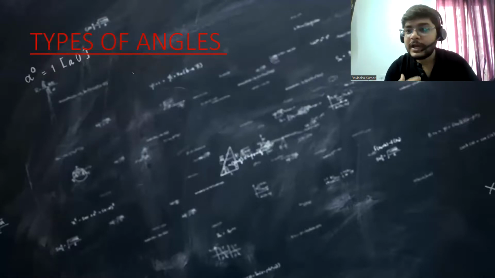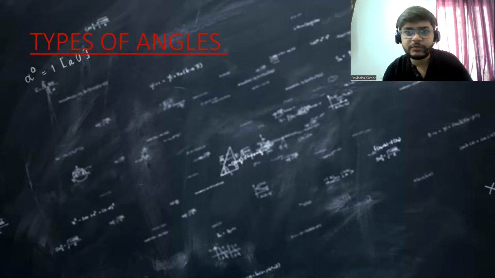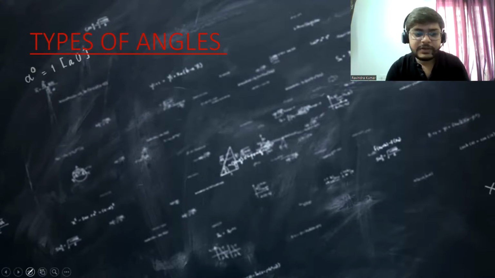There are lots of types of angle based on the angle formed between these two rays. We will take a separate session for these types of angles and understand them in a better way. It is also very easy to understand and very interesting. So let's wait for another session.